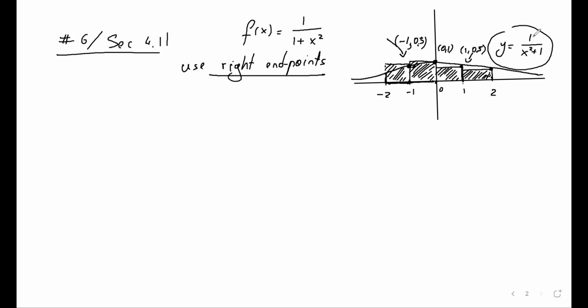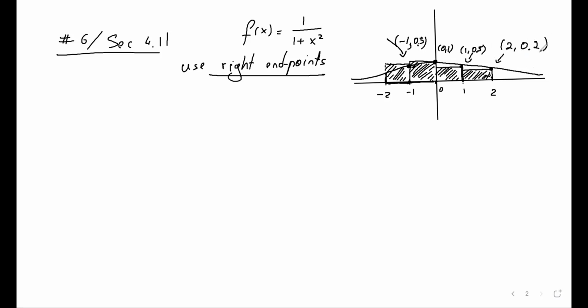I use the right endpoint 2: 2 squared plus 1 is 5, so 1 over 5, which is 0.2. So this point here is 2 comma 0.2.